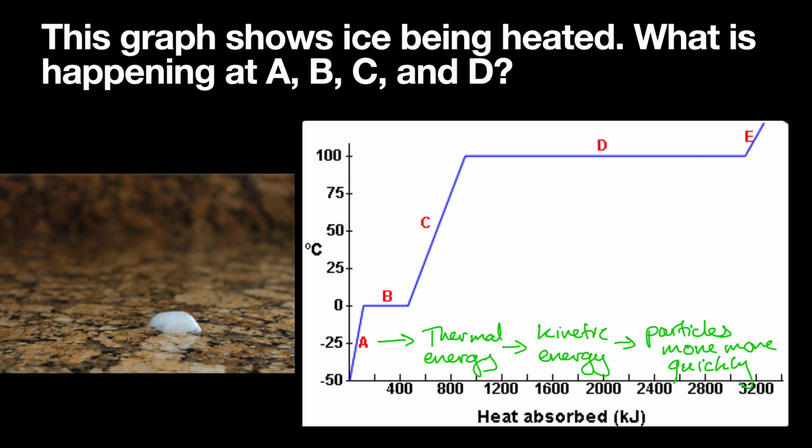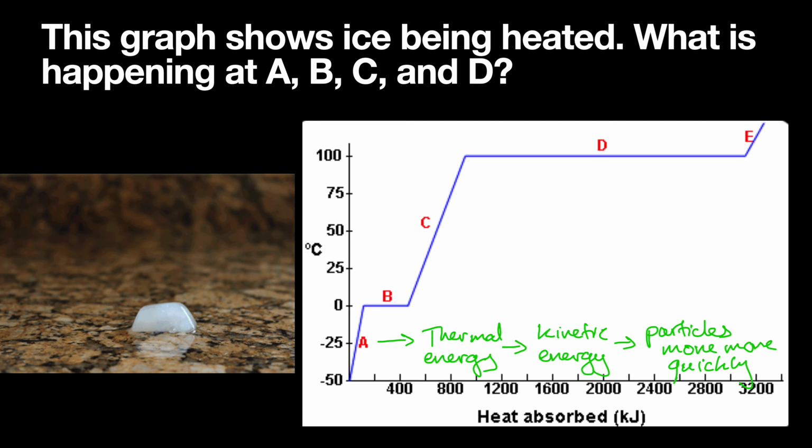We can see that B happens at 0 degrees Celsius. This is the temperature at which ice melts, or it's the same temperature at which water freezes. At this temperature, the ice absorbs a certain amount of energy, and that energy is being transferred to break the intermolecular forces between the H2O molecules.